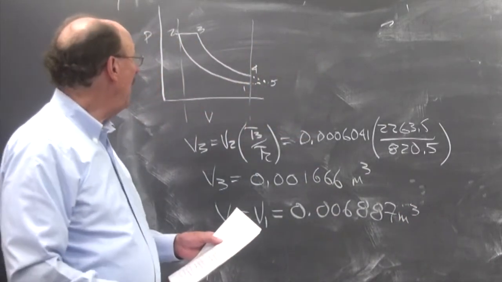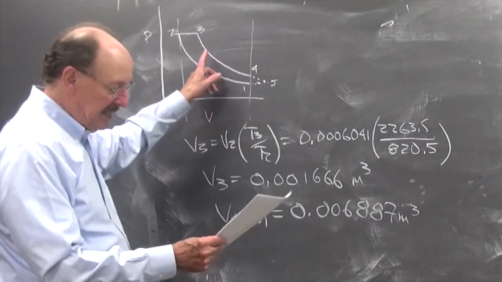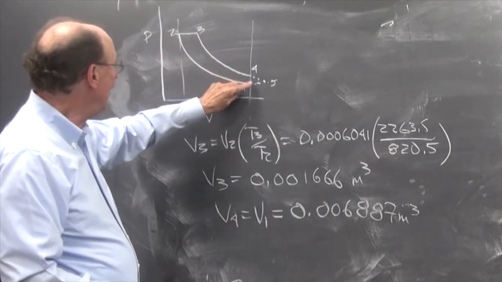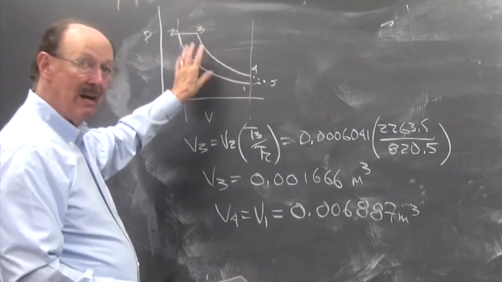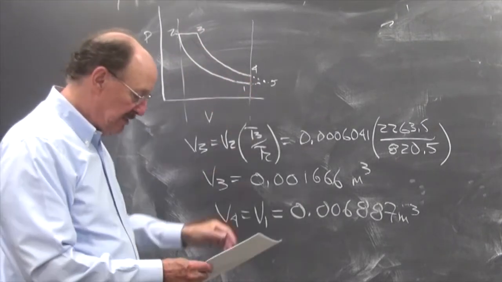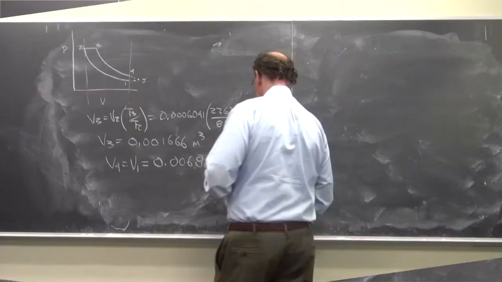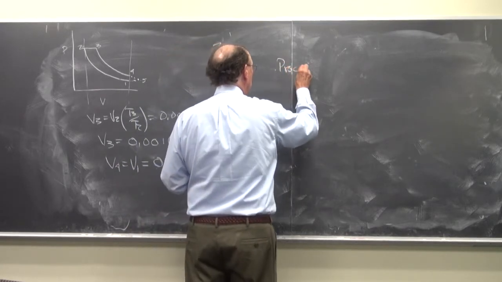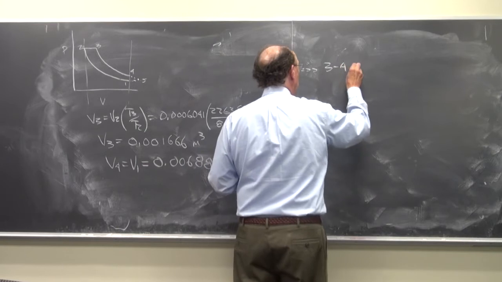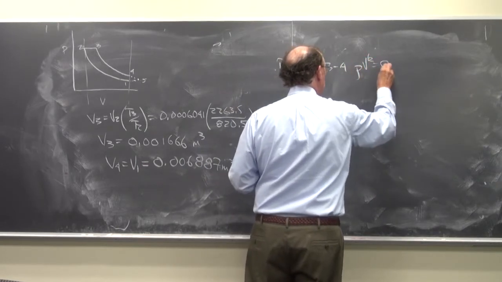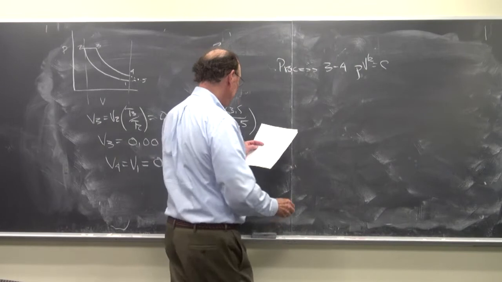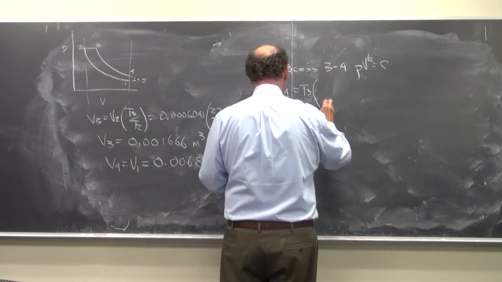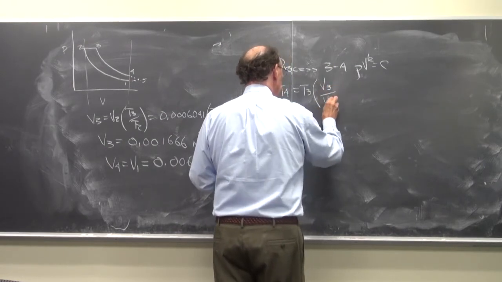And now what we have to do, we're finding all these things. I need to also now look at the process from 3 to 4. I know V3, V4. Now I can use the isentropic relationships to find T4. PV to the K is a constant. And so I can use the isentropic relationships that T4 is equal to T3 times V3 over V4 to the K minus 1.